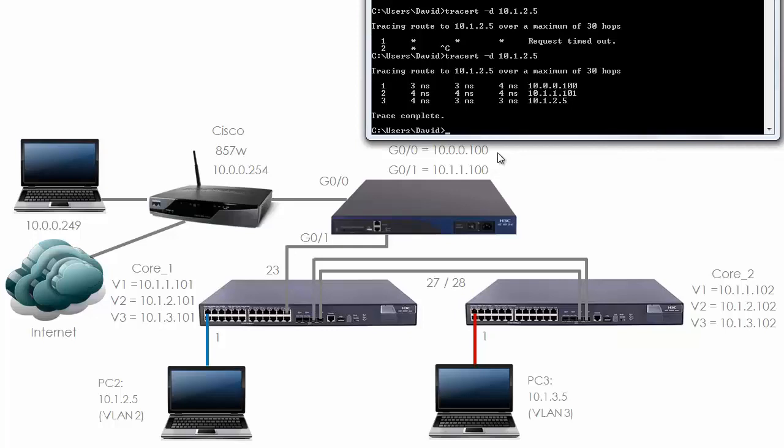The second hit is 10.1.1.101, which is core switch 1. And the third hit is 10.1.2.5, which is our PC. So we've successfully allowed our PC 10.0.0.249, which is connected to the Cisco router and in turn connected to the MSR, to connect to PC2.